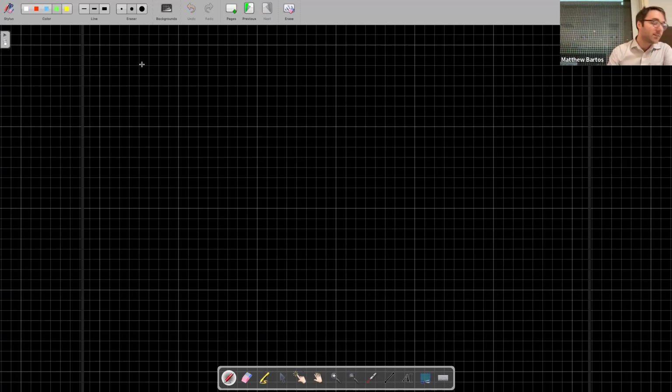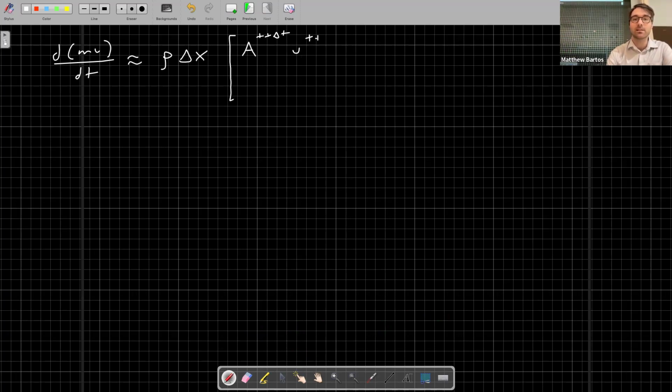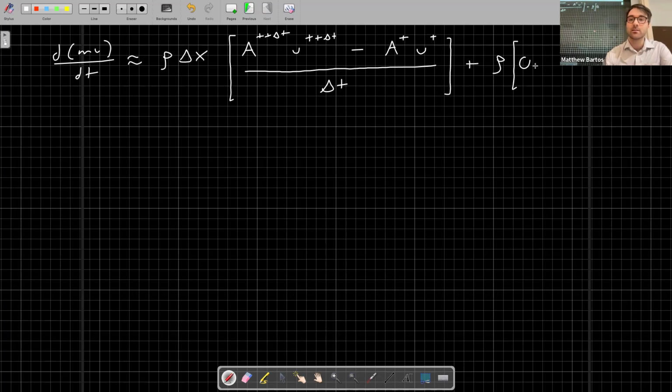So we have that the rate of change of momentum for our control volume is equal to the density times the length times the quantity cross-sectional area at time t plus delta t times the velocity at time t plus delta t, minus the cross-sectional area at time t times the velocity at time t, divided by delta t, plus the density times Q out, U out minus Q in, U in.